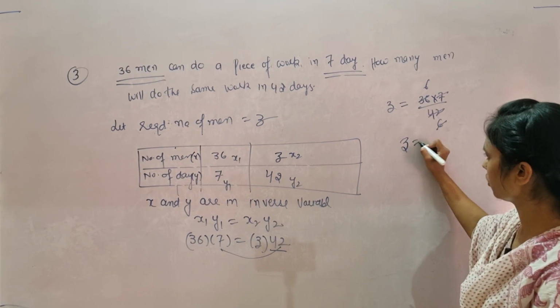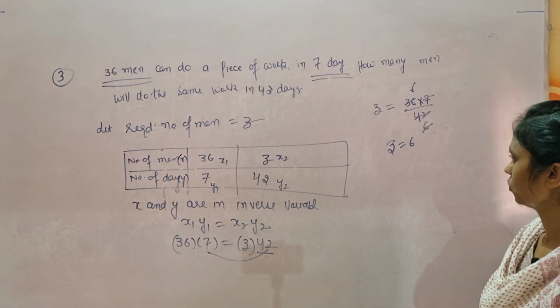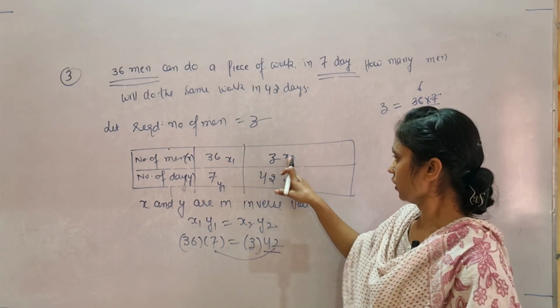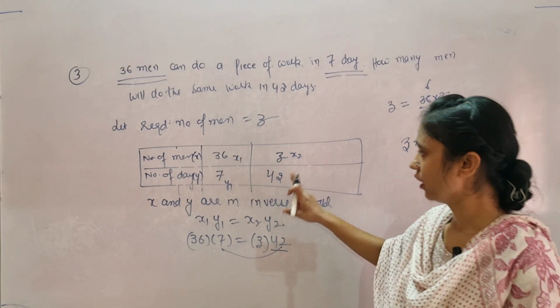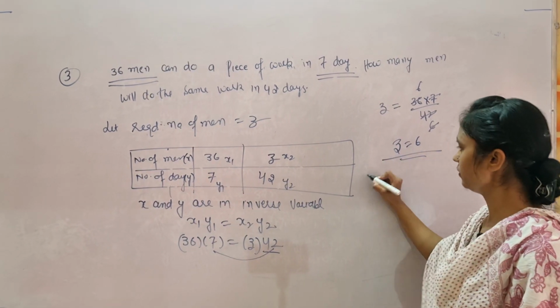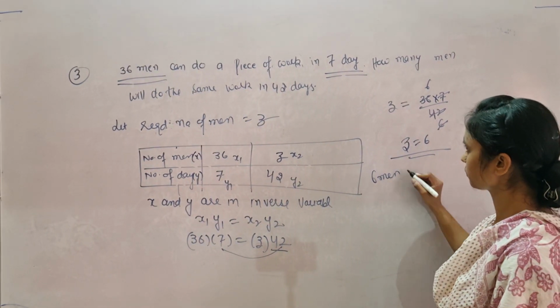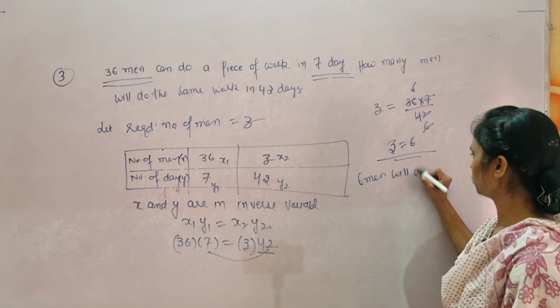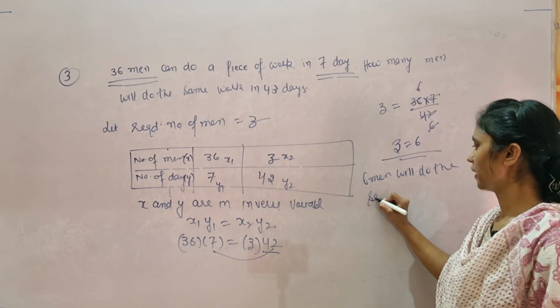Z is equal to 6, which means 6 men will do the same work in 42 days.